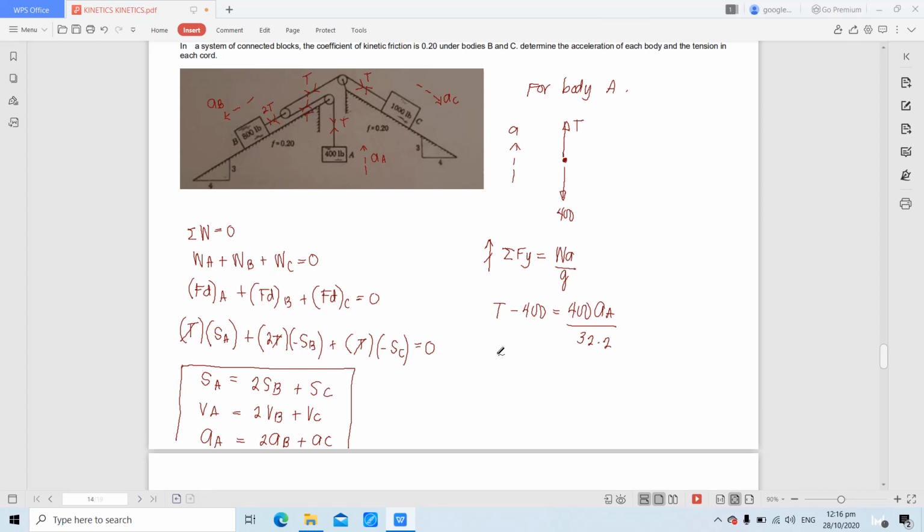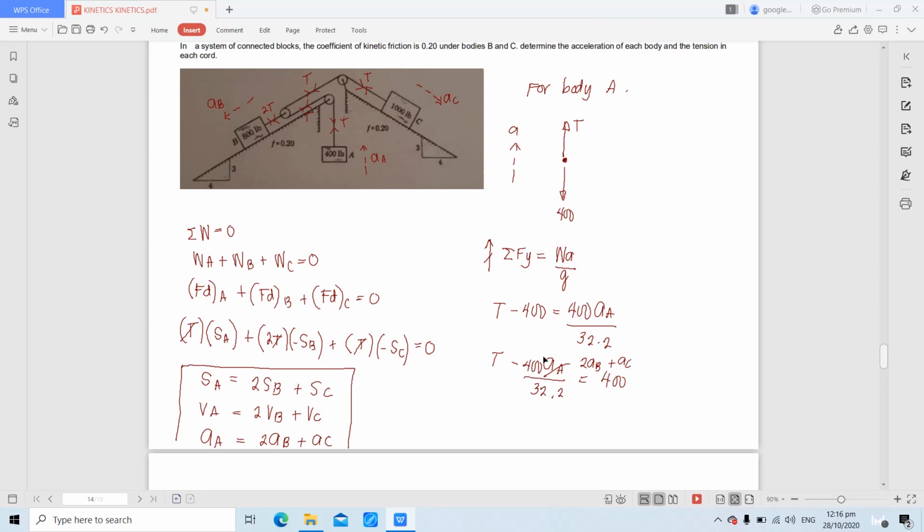So that will become tension T minus 400, acceleration of A over 32.2, equivalent to positive 400 pounds. Now, substituting the value of acceleration of body A with respect to acceleration of body B and body C, this will become 2AB plus AC.